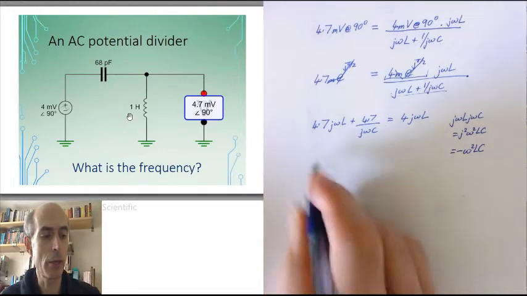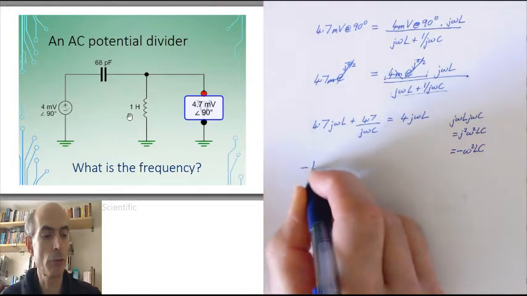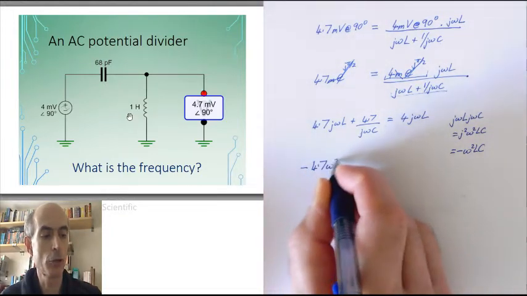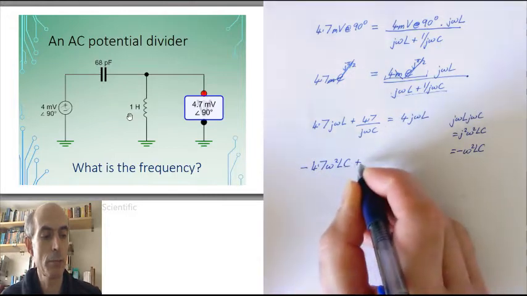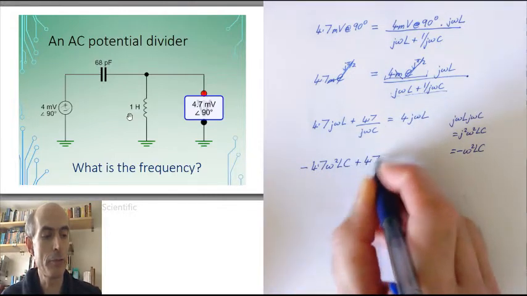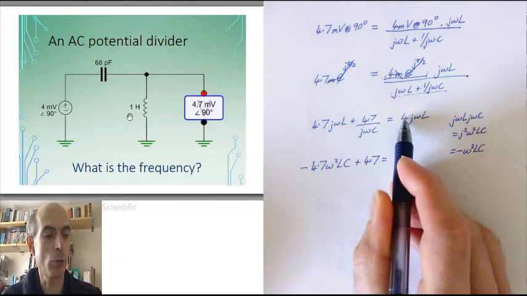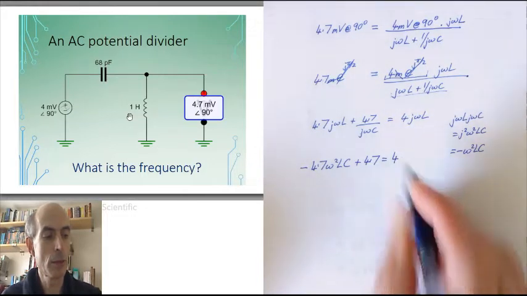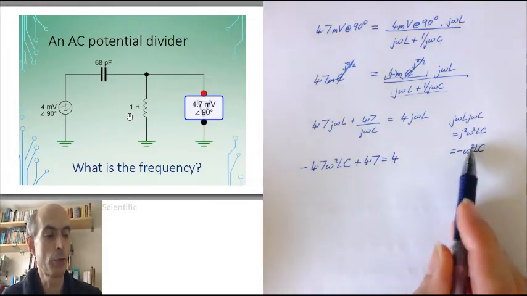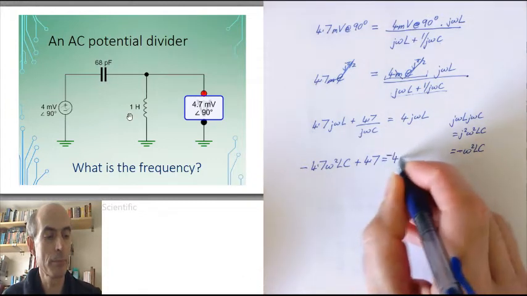So I would end up here with minus 4.7 omega squared LC plus 4.7 equals 4 times minus omega squared LC again.